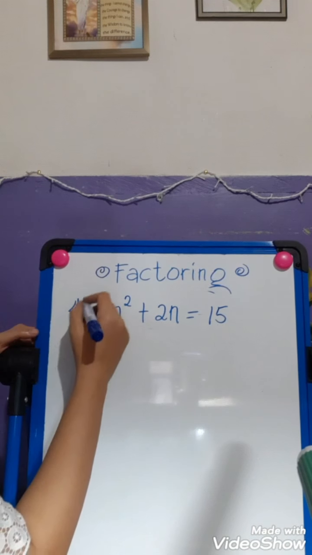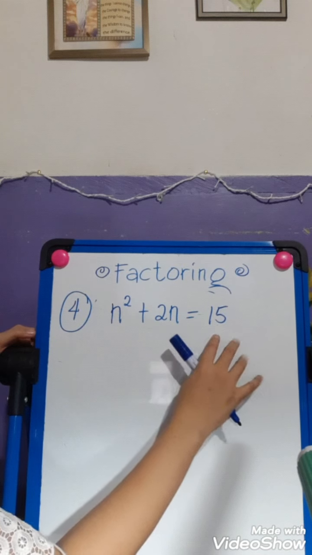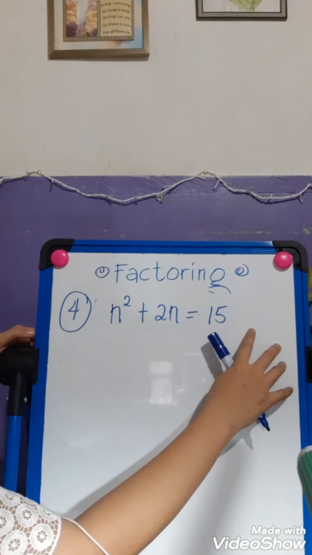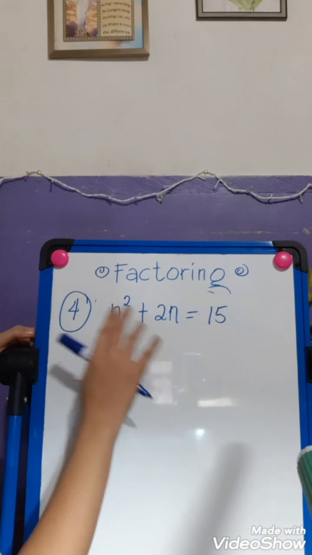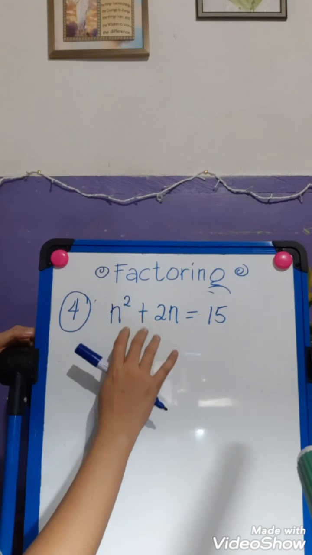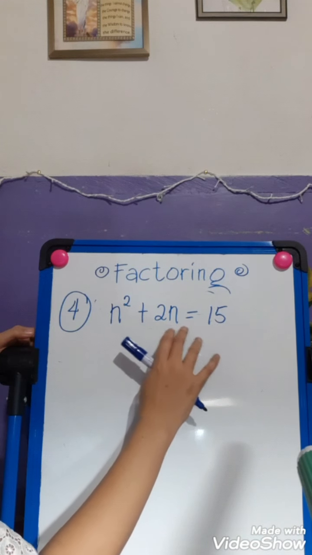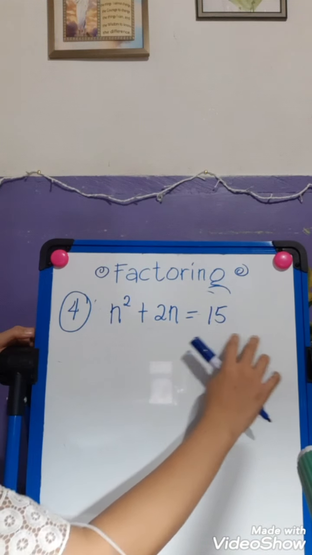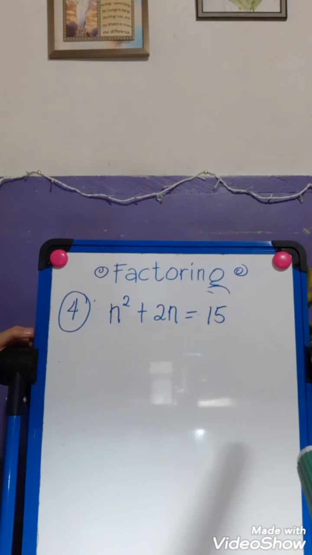So this is our fourth example. So notice na ang atuang constant na siya sa other side. Dapat ang atuang standard form is ax squared plus bx plus c. Ang constant na diri is equal to 0. So you need to rewrite this first into standard form.